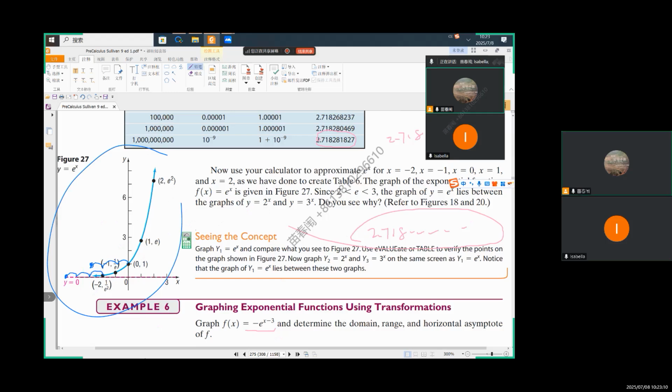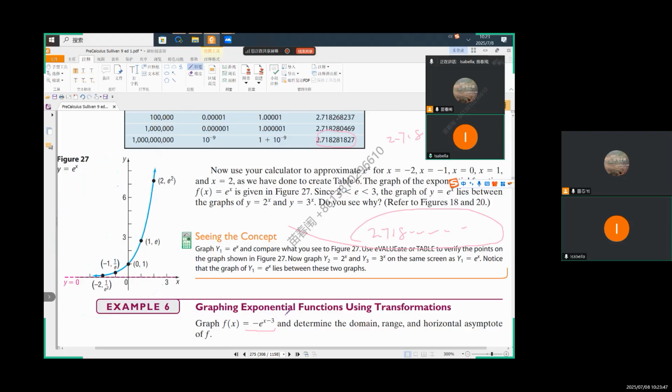Are you moving to the left? Oh right, it's supposed to be to the right, sorry. Yeah, this is -3, right? But it's opposite to common sense.